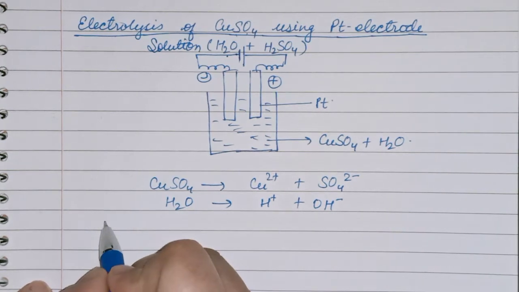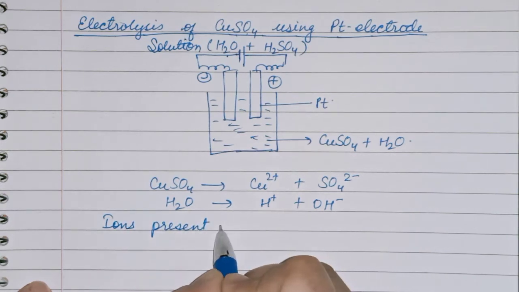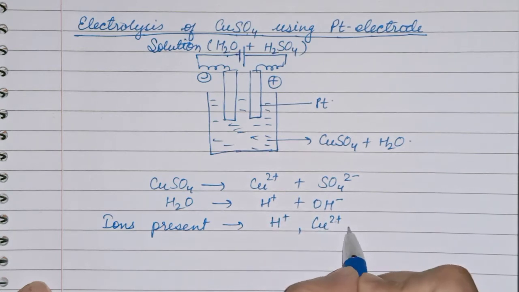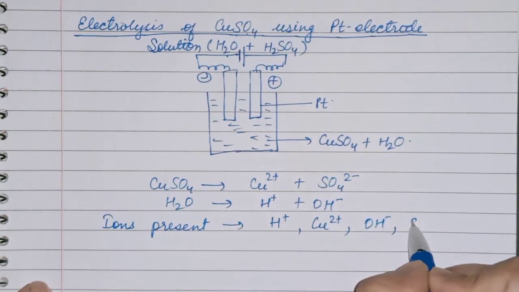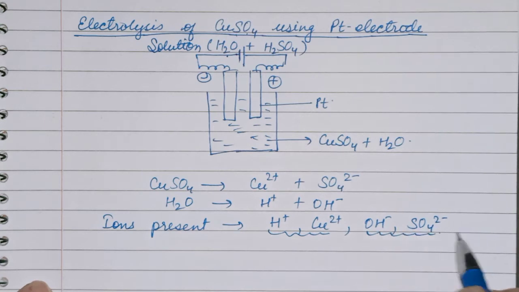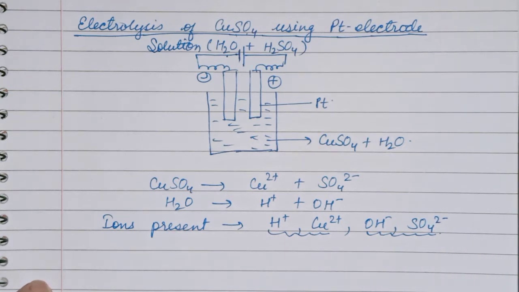So the total ions present in the electrolyte are H plus, Cu2 plus, OH minus and SO4 2 minus. Now children, see here 2 plus is there, 2 minus is there. So again we have to take the reference from the electrochemical series, and according to that we will decide which ion will move towards which electrode.